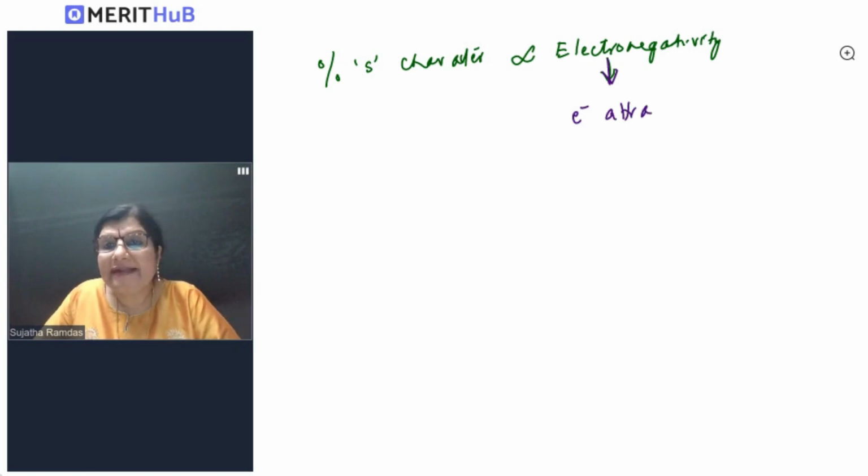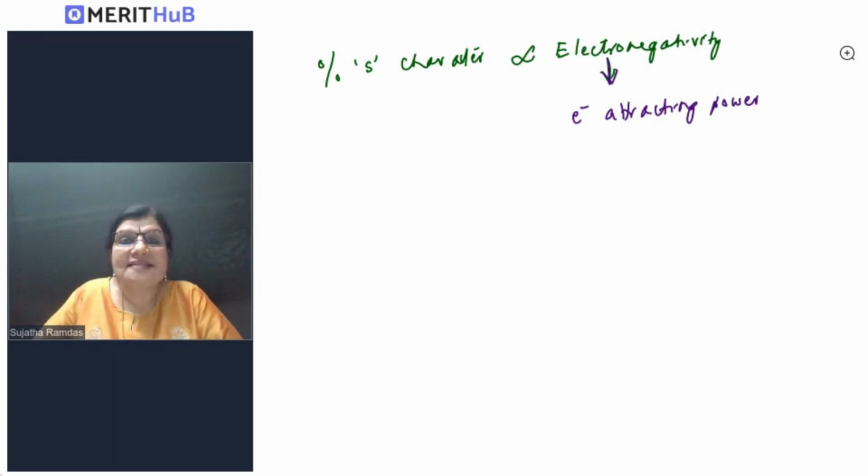And what is electronegativity? Electronegativity is nothing but the electron attracting power. So if any atom has a high percentage S character, its electron attracting power is high.